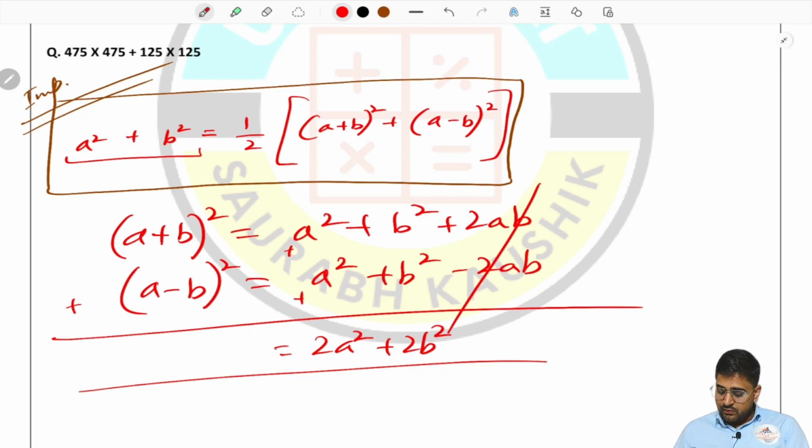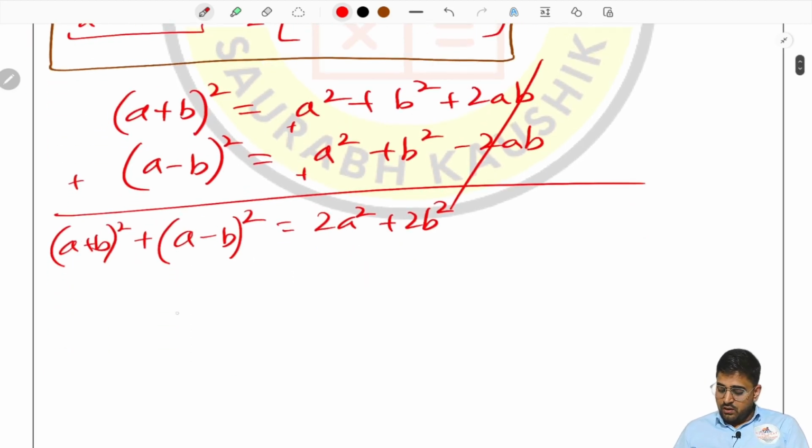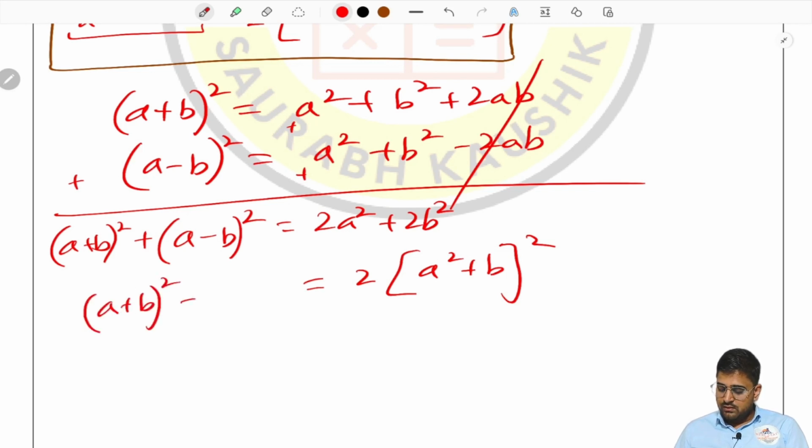On the other hand, what we have on the left is (a plus b) whole square plus (a minus b) whole square.